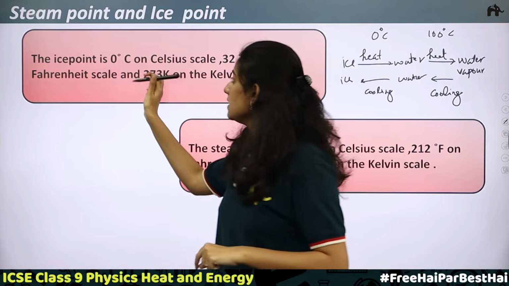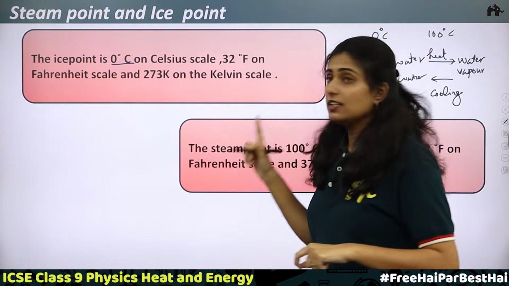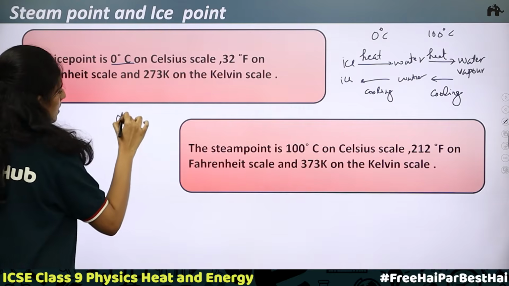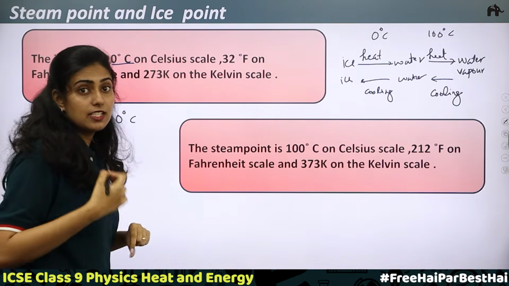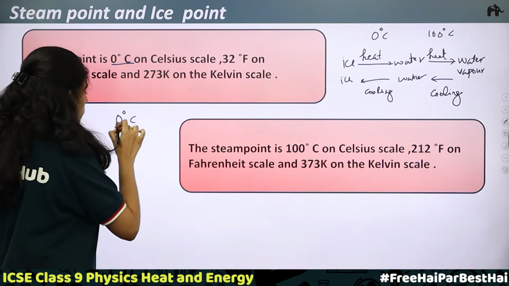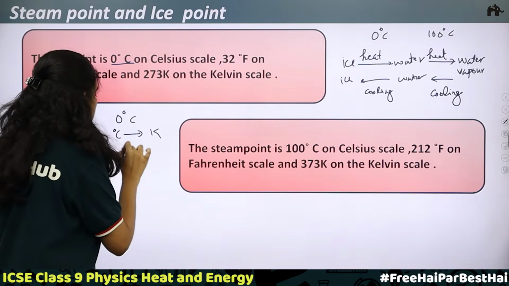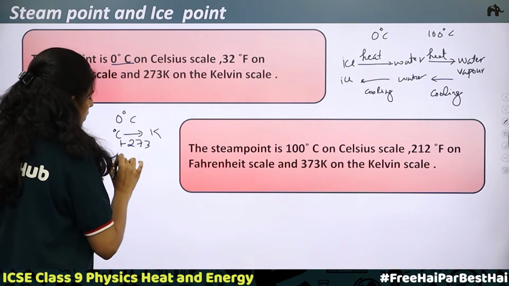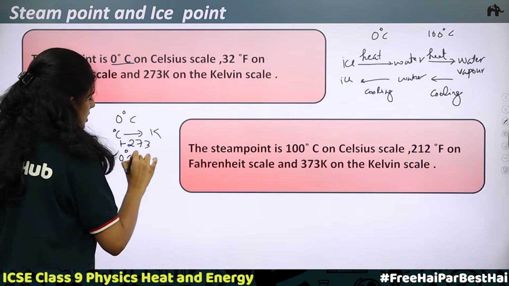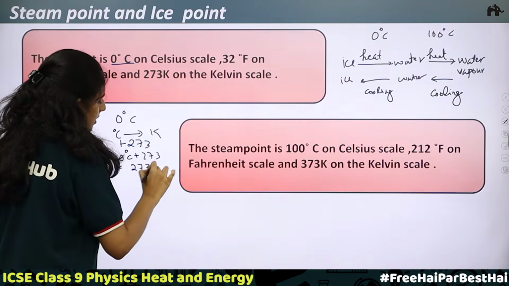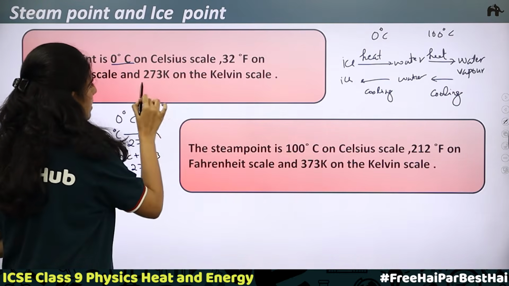The ice point is 0 degrees Celsius on the Celsius scale. How much is it in the Kelvin scale? For converting degree Celsius into Kelvin, you have to add 273. So 0 degrees Celsius plus 273 gives 273 Kelvin.